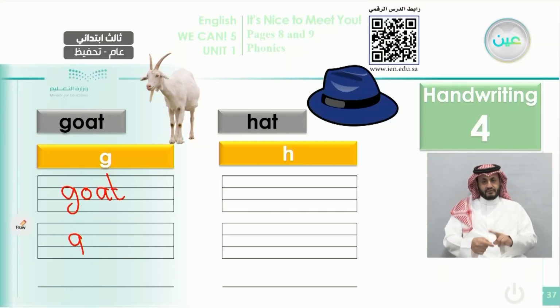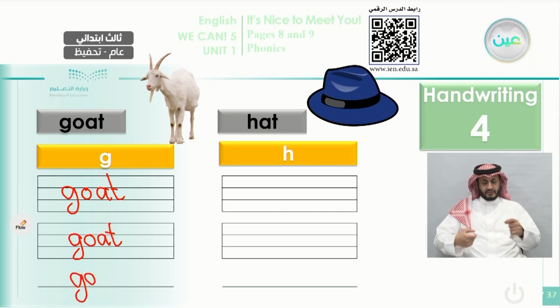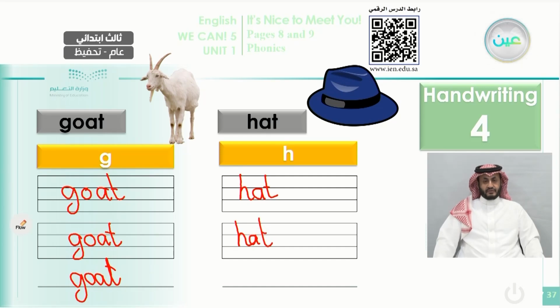Goat, G-O-A-T. And if you write it in one line, you can do that like this, goat. Okay. Also, if you want to write hat, you can do like this. So you do like this, hat, and you write hat here also, hat. If you want to write it in cursive, you can do that like this. This is how we write hat.